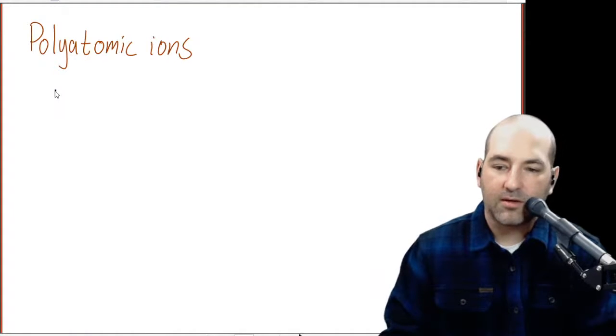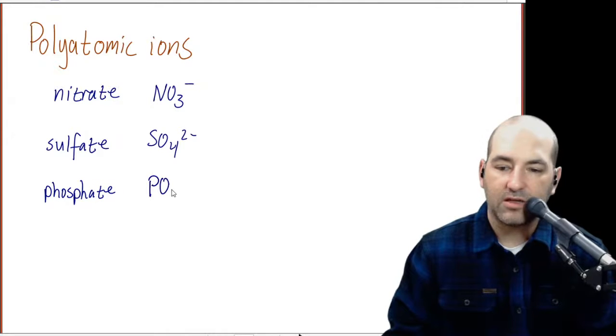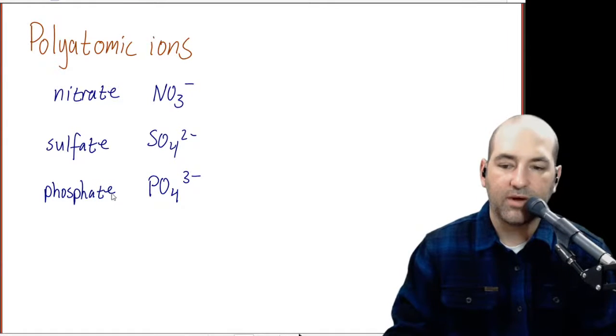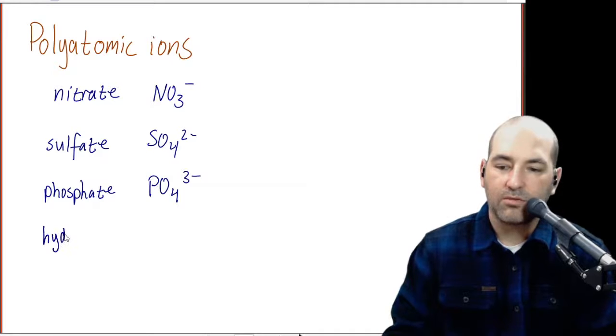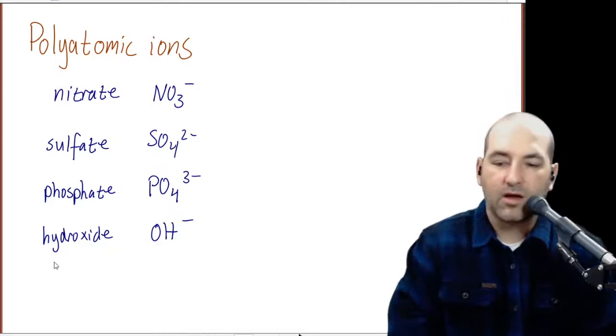So we have ones like nitrate, which is NO3-, sulfate, SO4 2-, phosphate, which is PO4 and has a charge of -3. Some of these we've used in lab already, like hydroxide and sodium hydroxide, which is OH with a charge of -1.